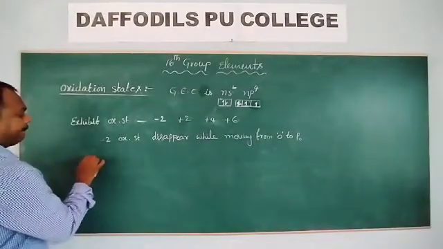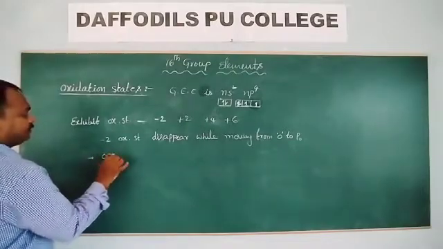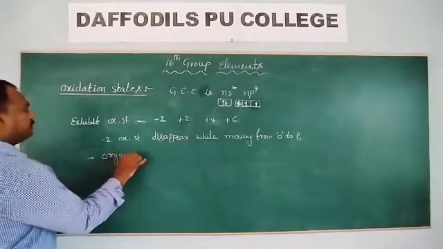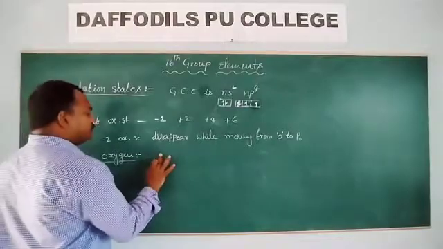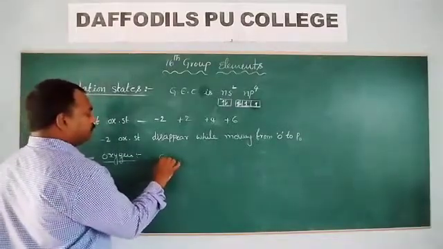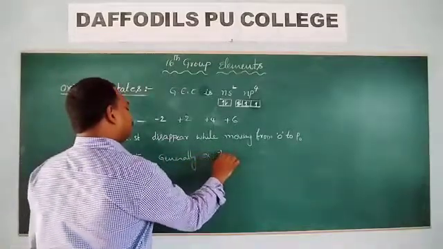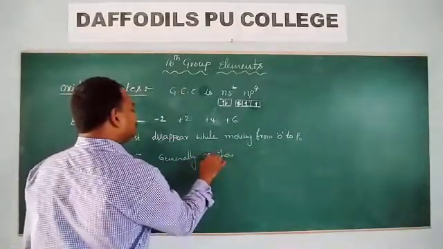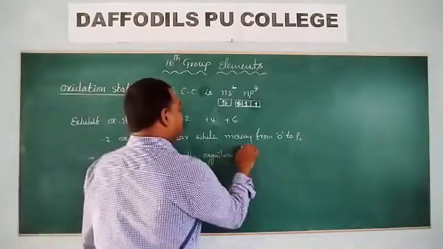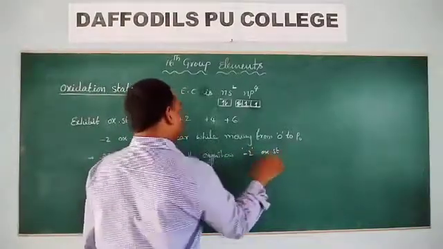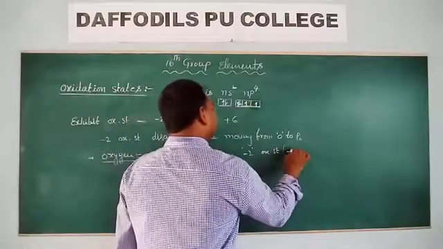Next one. Look at the oxidation states of oxygen. Generally, oxygen shows the -2 oxidation state, a negative oxidation state.